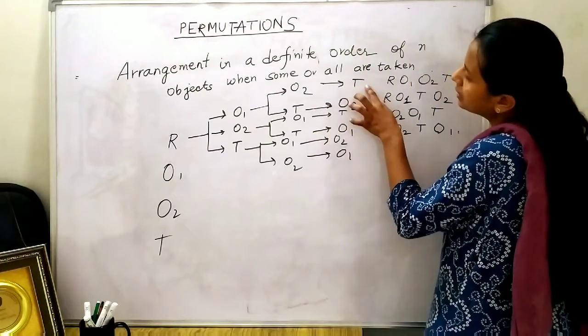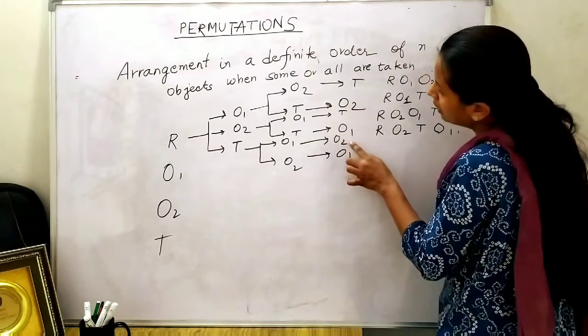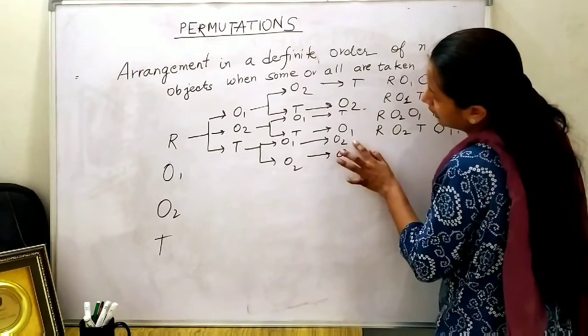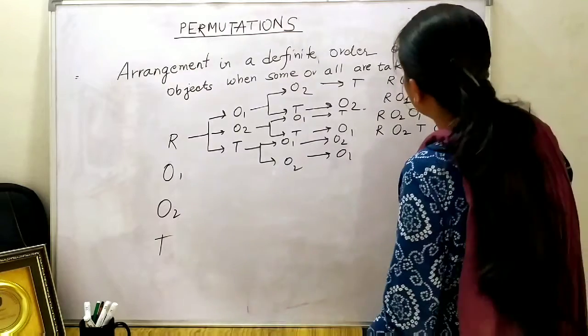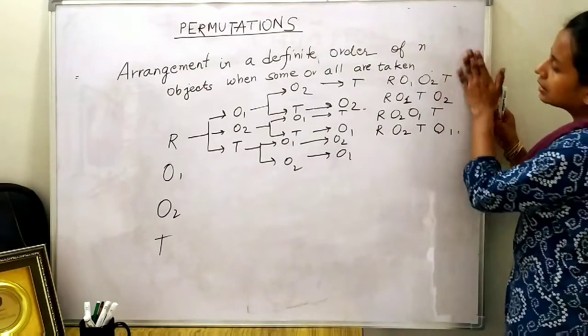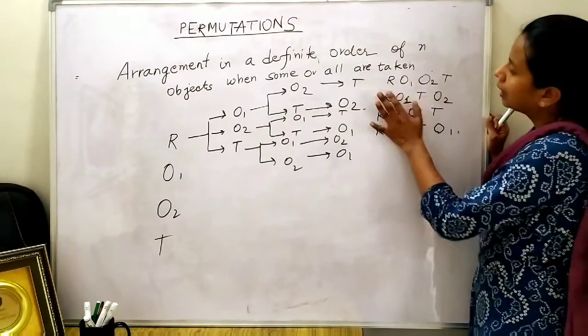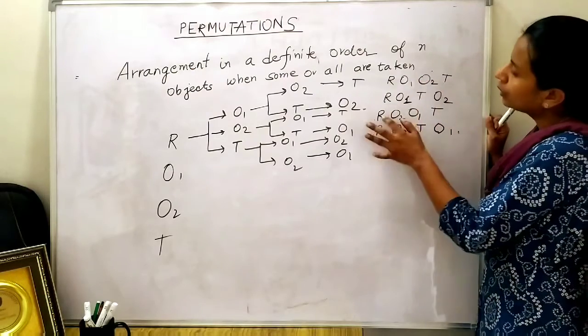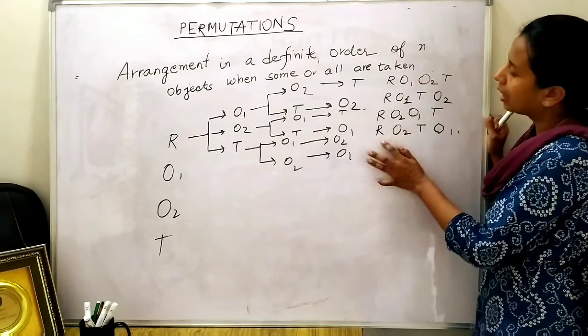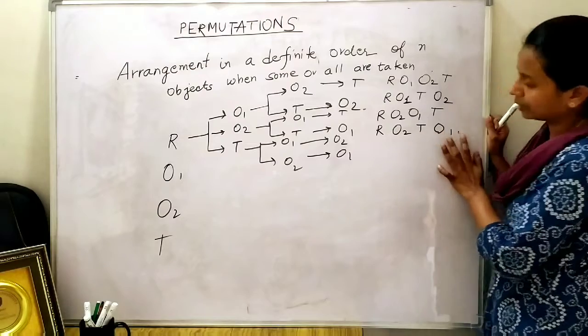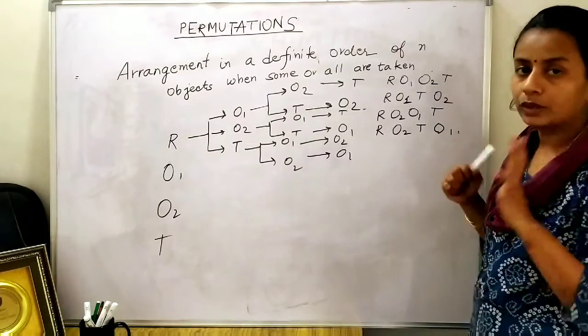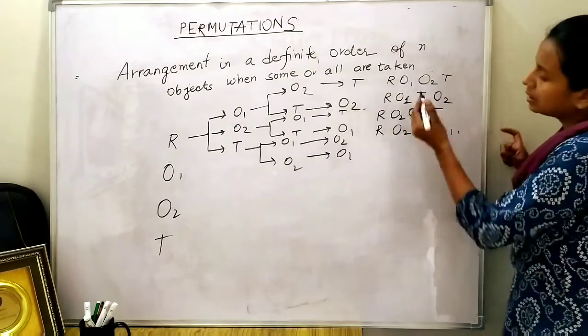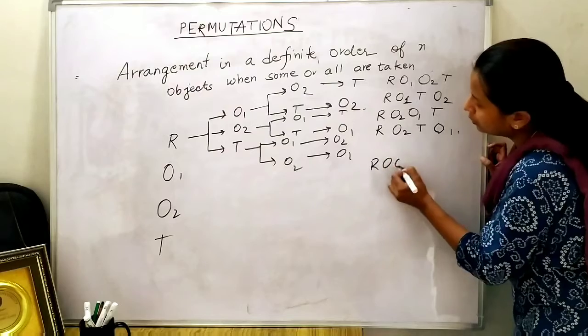These are the arrangements that we get: R O1 O2 T, R O1 T O2, R O2 O1 T, R O2 T O1.